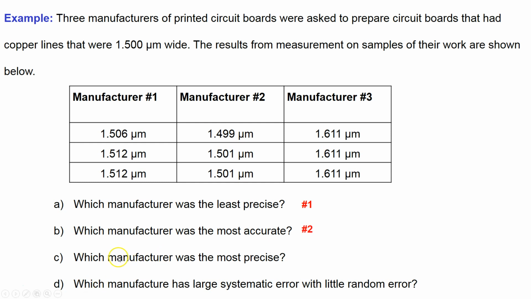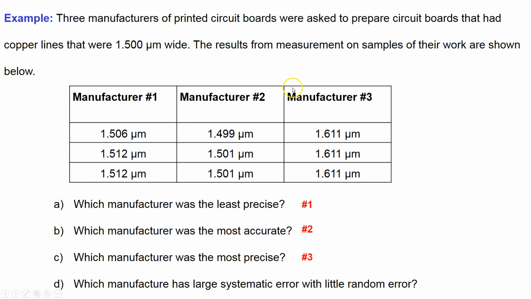Now, when we look at precision here, which manufacturer was the most precise? That means which manufacturer had the measurements that were closest to one another. And that's going to be manufacturer 3 because they were identical measurements. And then finally it says which manufacturer has large systematic error with little random error. So we're looking for a manufacturer that has all of the values either being too big or too small.